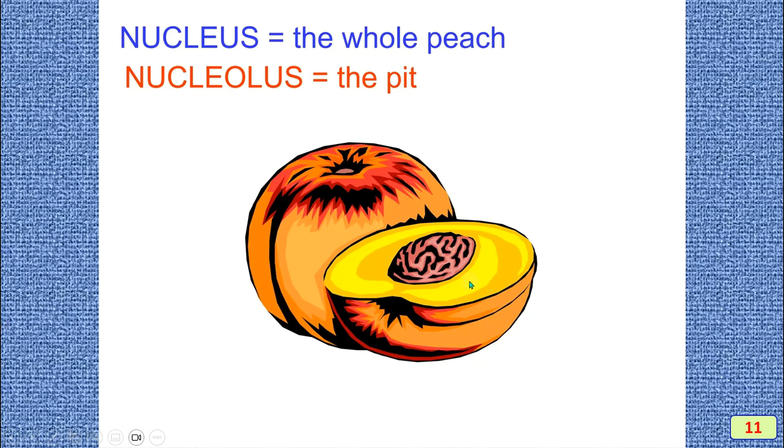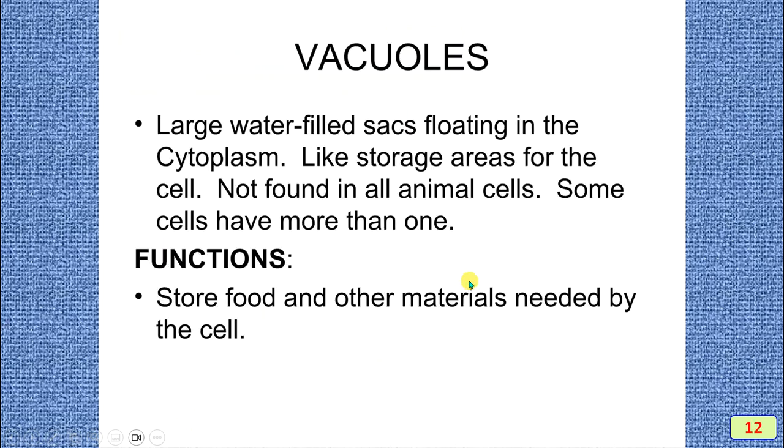Then the vacuoles are large water-filled sacs floating in the cytoplasm, which are like the storage areas of the cell.